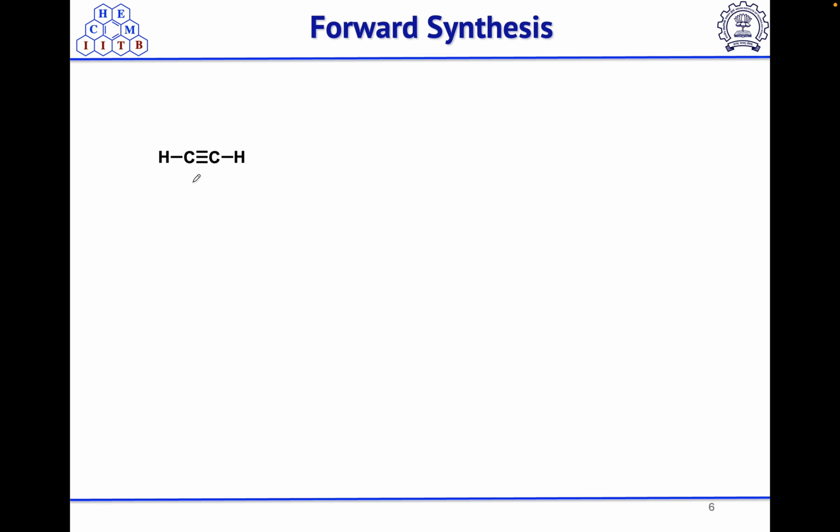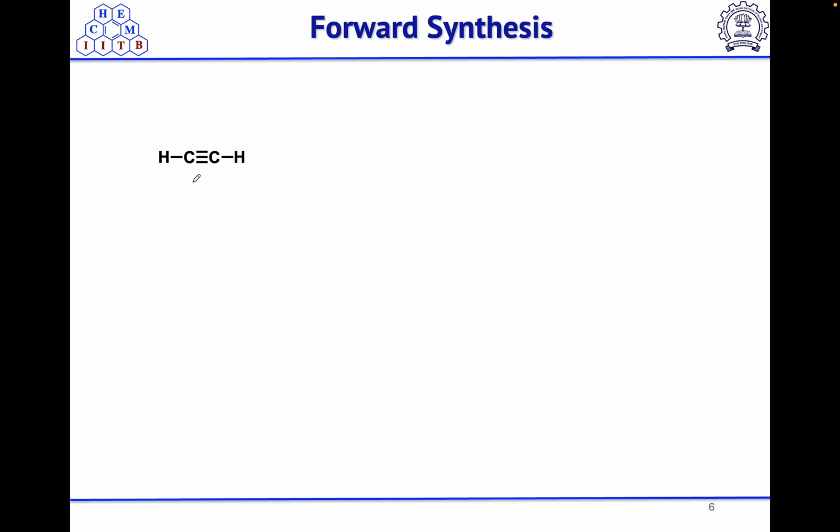Now we need to convert this to the reagent. So how can we make it? Basically, we need to generate that acetylide anion. How can we generate acetylide anion from acetylene? Can you tell me? So basically, we need to treat this acetylene with a base.